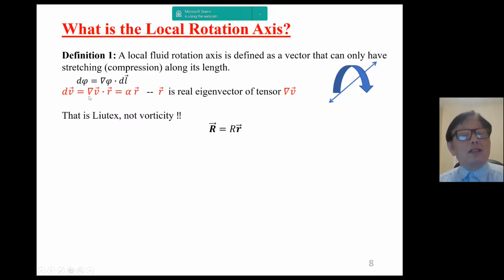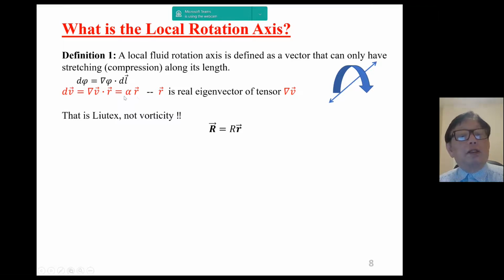According to mathematics, it should be equal to the gradient of velocity dot r, where r is the real eigenvector of the velocity gradient matrix.